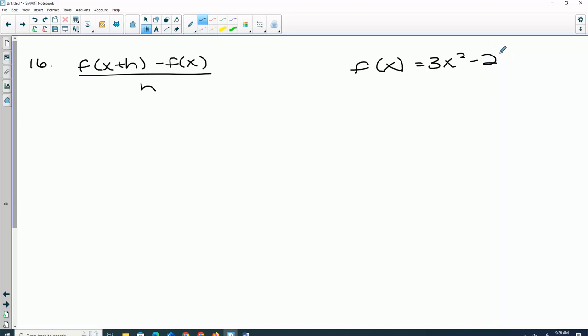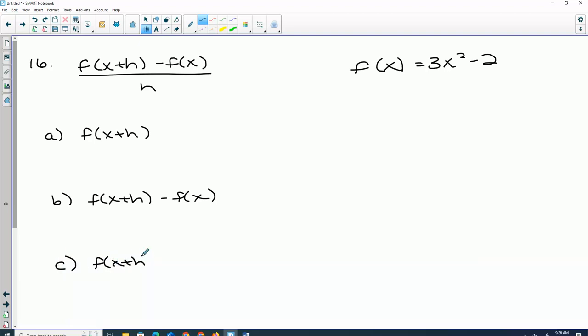I have told you that on the test, I would actually separate this into 3 questions. I would say f of x plus h, part B, f of x plus h minus f of x, and part C, the whole thing. So you can expect to see it like that.